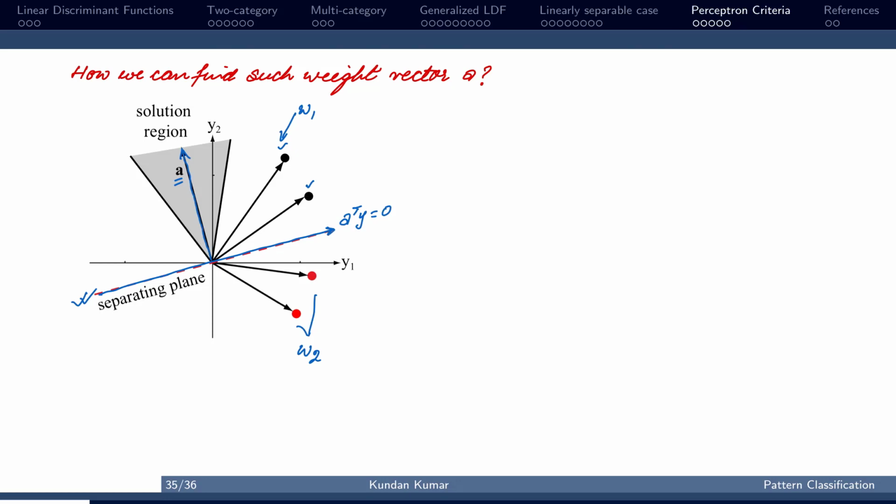So on this side A transpose y is greater than 0, and on this side of the separating plane A transpose y is less than 0, where A is our weight vector w0, w1, w2 and wd.